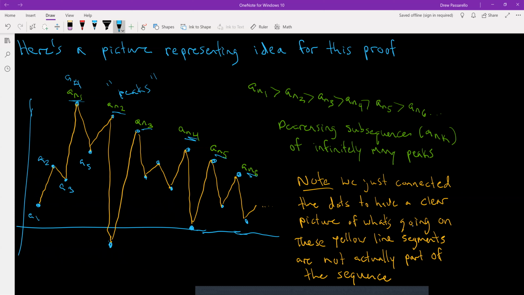So the subsequence itself, a_nk, consists of the peaks of the sequence a_n if there were infinitely many peaks. So we either have finitely many or infinitely many. If there's infinitely many peaks, we just collect all the peaks and form a subsequence of those peaks, and it forms a decreasing subsequence.